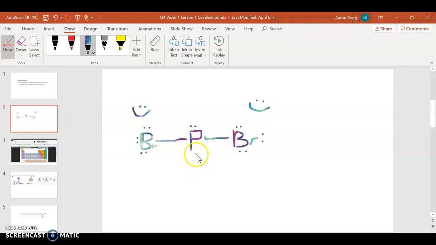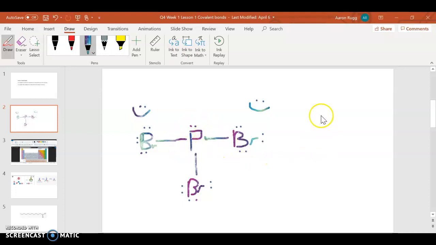No. So let's add one more bromine. Yay. Bromine's going to be happy, just like the others. Is phosphorus happy? 1, 2, 3, 4, 5, 6, 7, 8. There you go. Perfect. So now we've just explained the octet rule.